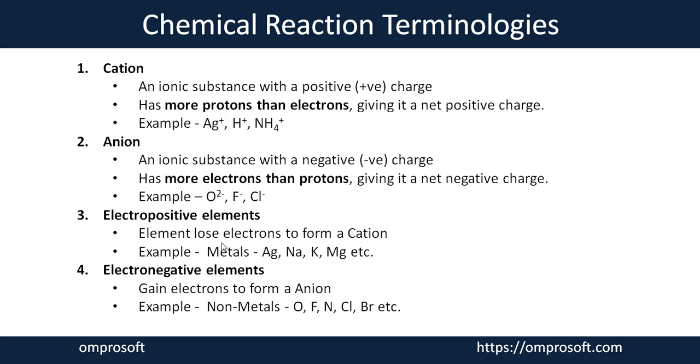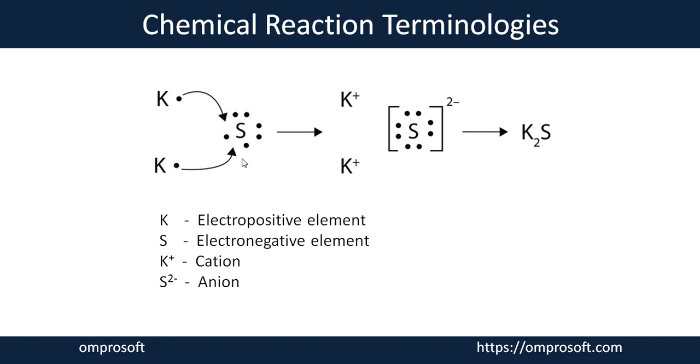Okay, so we can say electropositive and electronegative elements have the ability to lose electrons or gain electrons respectively, and cations and anions are those which have already given or already gained electrons. Now with all these terms I will share one more example. Here I'm going to react potassium with sulfur.